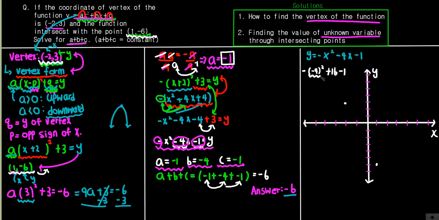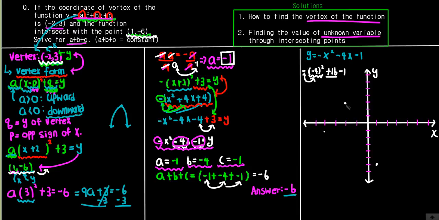Negative 4 squared is positive 16, but we have a negative, so it turns into negative 16. Plus 16 turns into 0, and we get negative 1. So when you input the value of negative 4, the y value, which is the output of our function, is going to be negative 1.